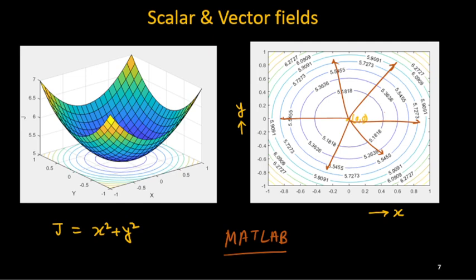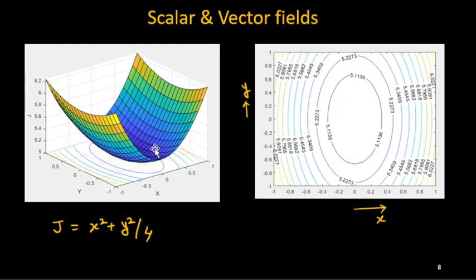Now, if I consider one function like this, j equals x square plus y square by 4. Now, you can see that as x is increasing, the function is increasing rapidly, but as y is increasing, this is increased by 1/4 of x square, right? So if you increase in y direction, it is not increasing that way.